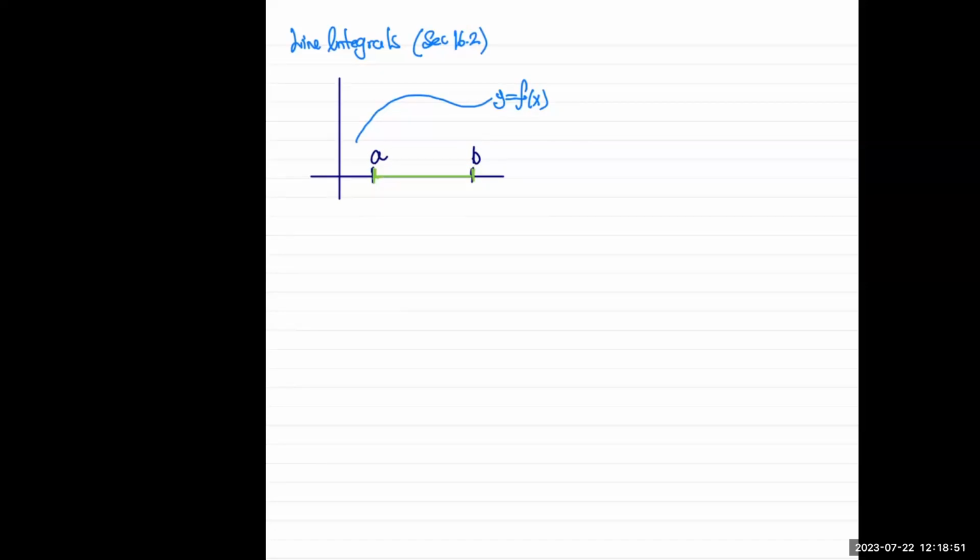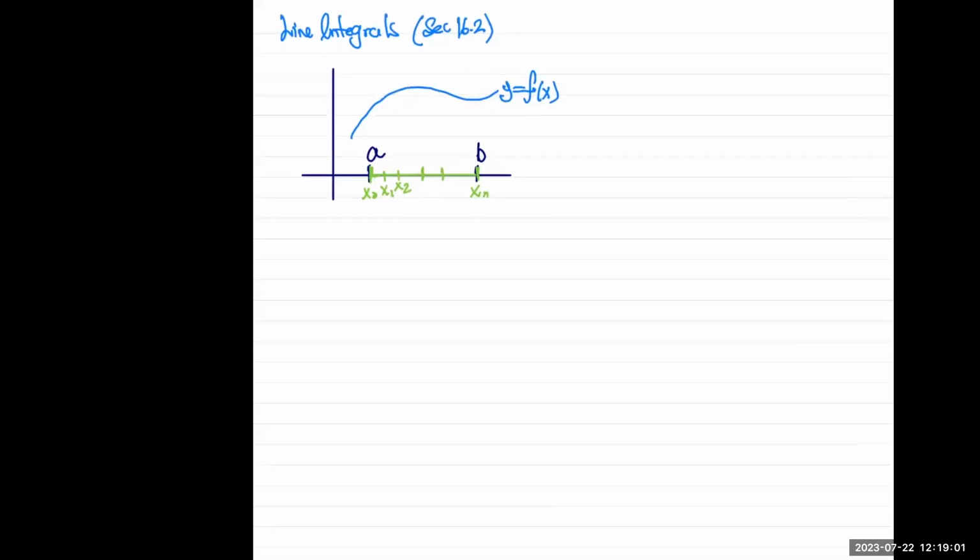So here you have, again, x0, x1, x2, all the way to x sub n. And let's say this is one of the intervals. We call this x sub k minus 1, x sub k. This is, as you know, the kth interval.